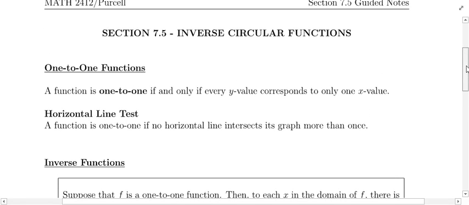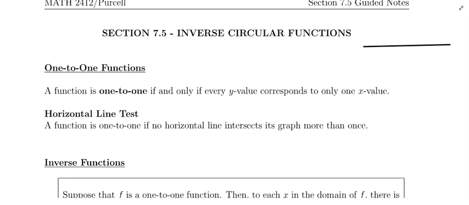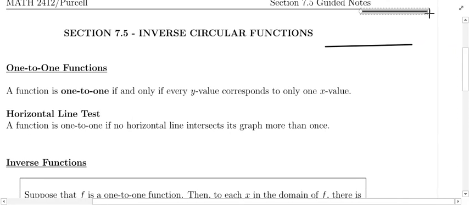I'm going to give you a quick example of something that is not one-to-one. A simple function from algebra, nothing trigonometric. I'm just going to draw my x and y axis here. Think of the basic function, f of x is equal to x squared.